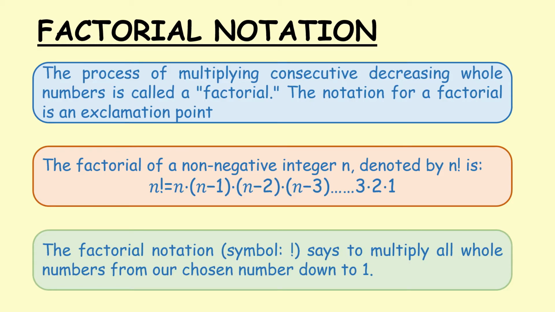Just like the example a while ago, where you have 6 times 5 times 4 times 3 times 2 times 1, you can express that in factorial notation. For example, let's say you have 6 factorial. The 6 factorial is the factorial notation of 6 times 5 times 4 times 3 times 2 times 1, which is 720.